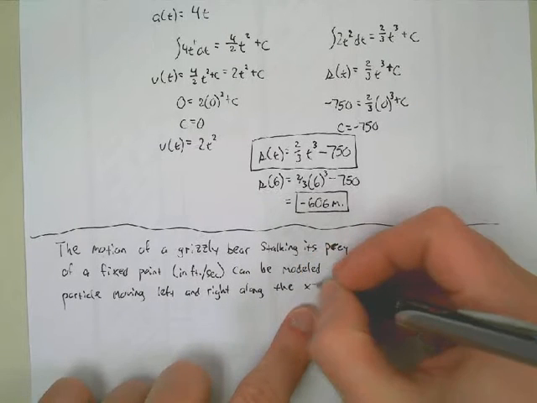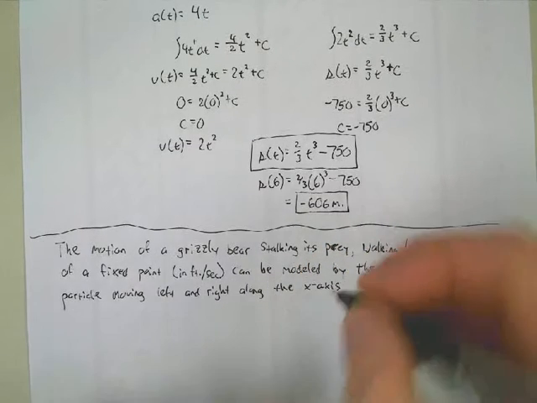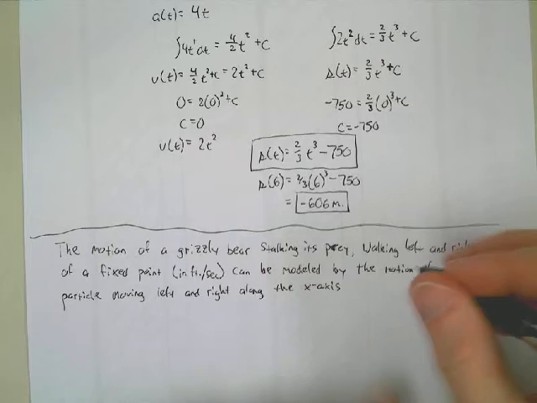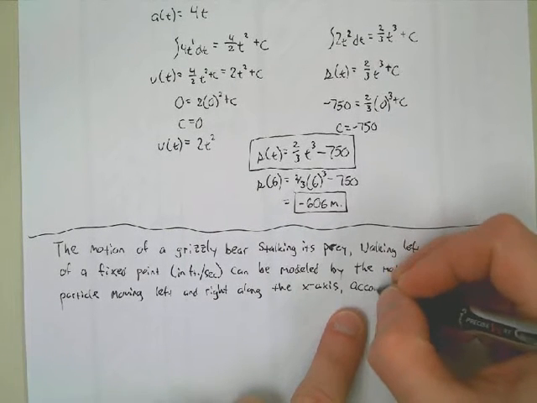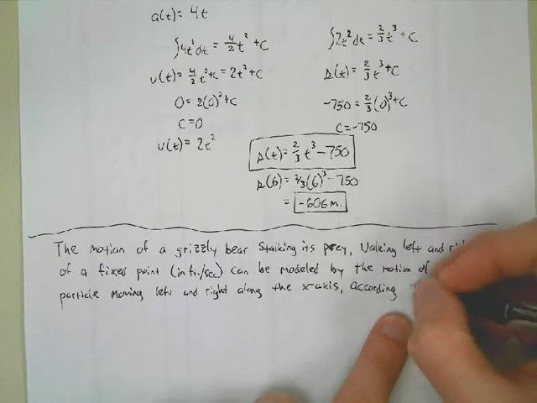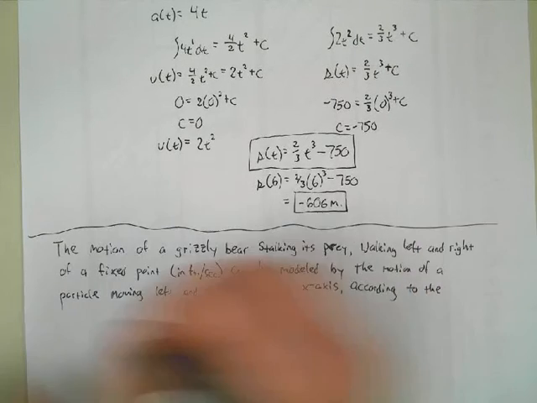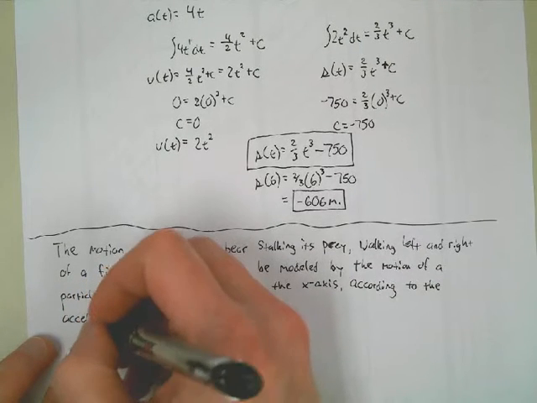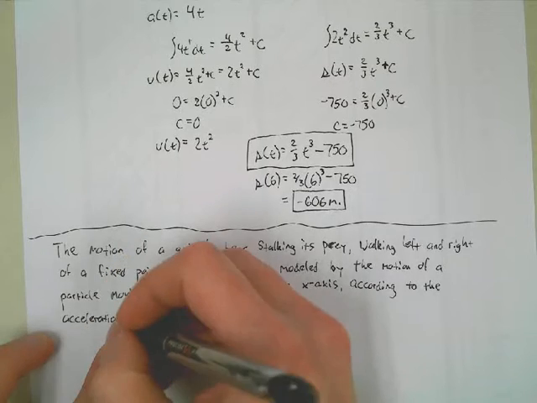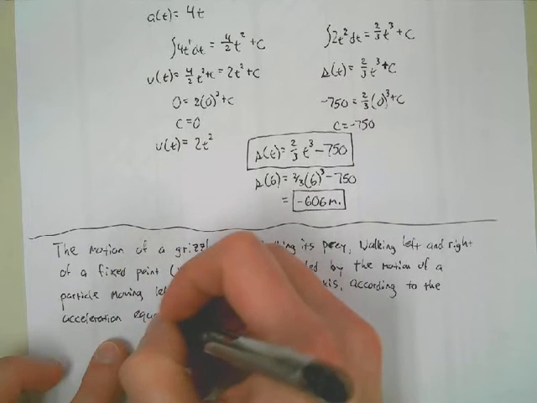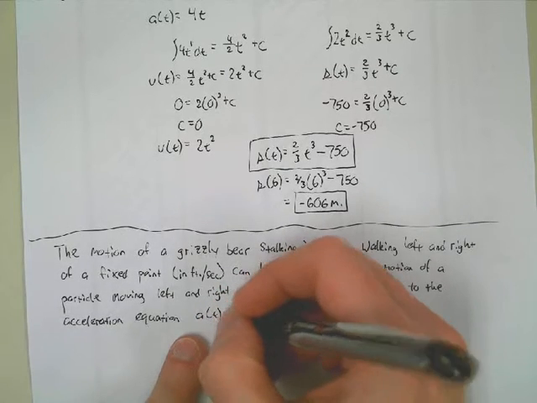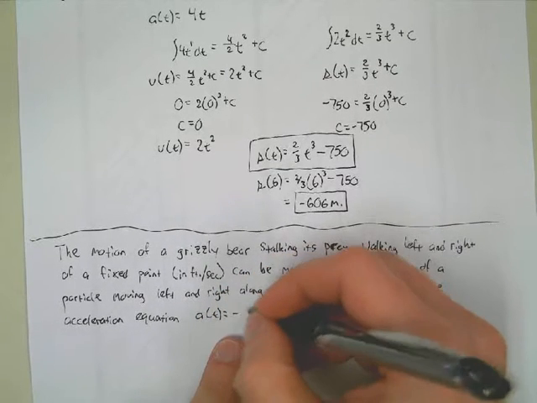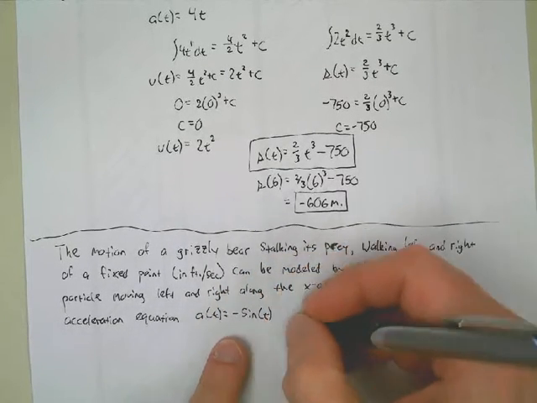That's the problem with context, sometimes it can get a little cumbersome, but anyway. According to the acceleration equation, a of t equals negative sine of t minus 1/3.